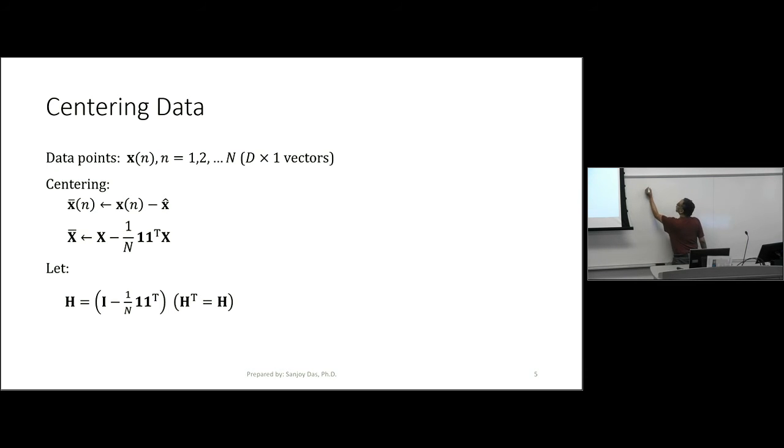So H, the centering matrix, is equal to the identity matrix minus 1 over n times the 1 vector times 1 transpose. What is n? The number of sample points. What is the size of H? n by n.